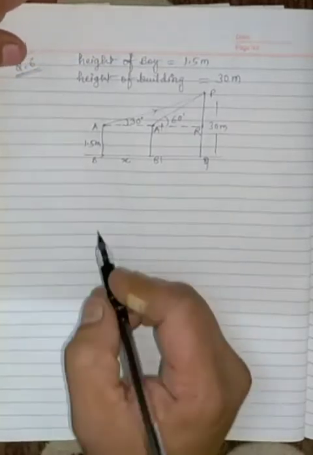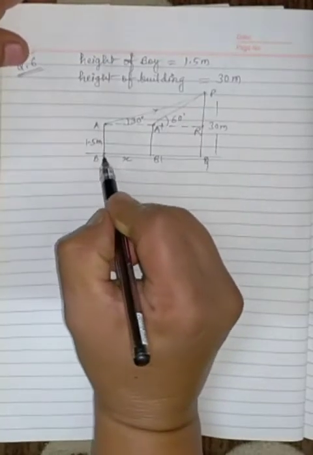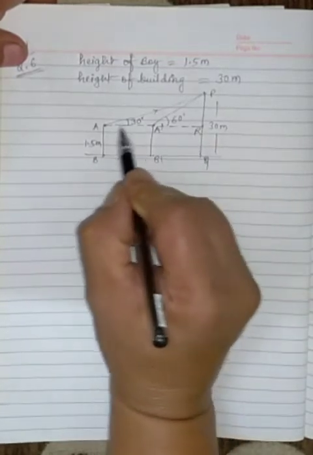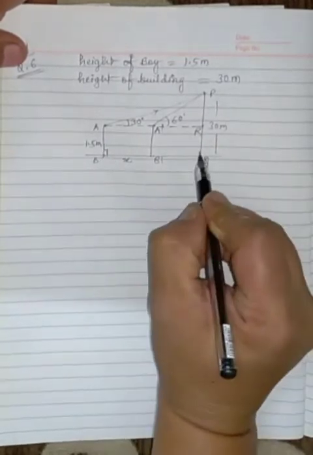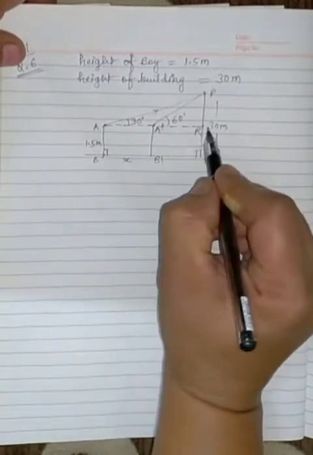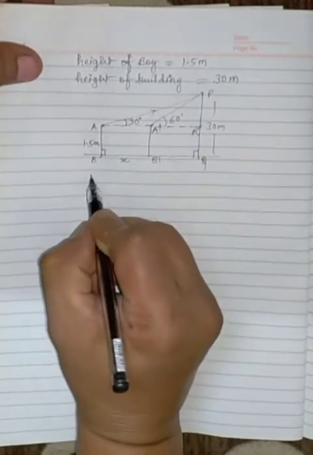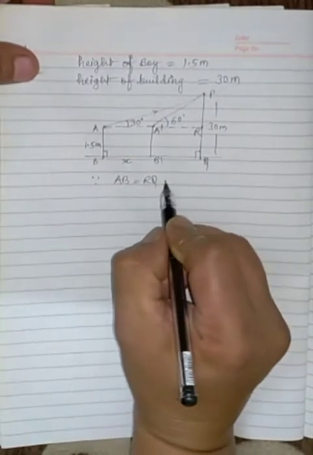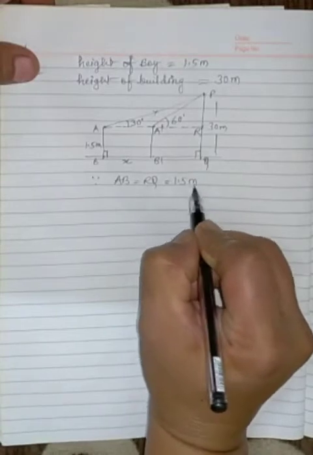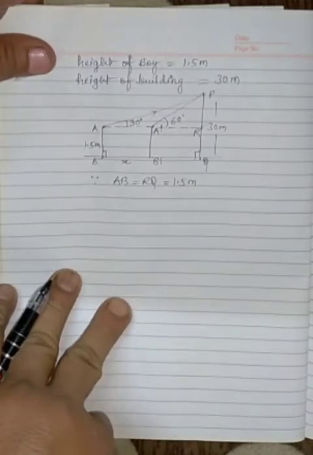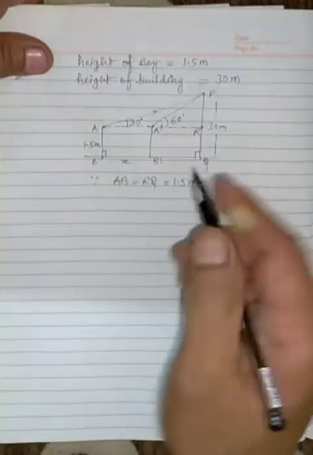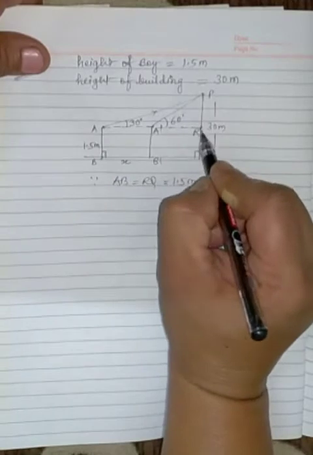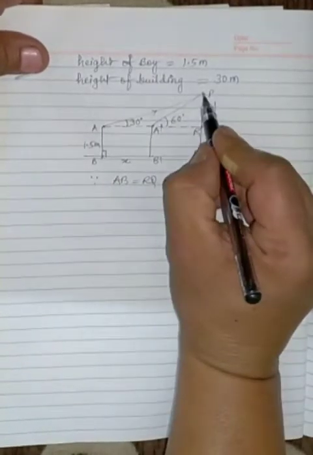Now, as we know that distance AB is equal to RQ, as the figure formed here, ABQR, is a rectangle, as these two angles are 90 degree. So this part will be equal to this part. Since AB is equal to RQ, both equal to 1.5 meter, therefore the effective height in this triangle and this triangle will be only this.